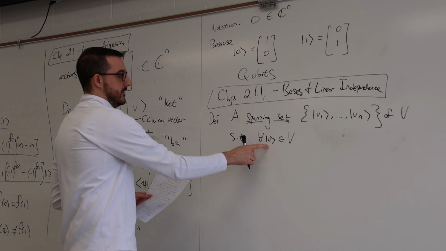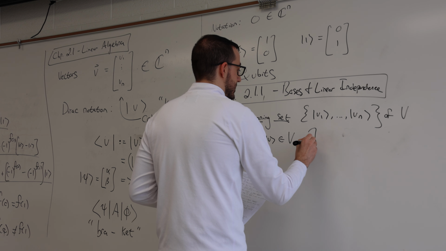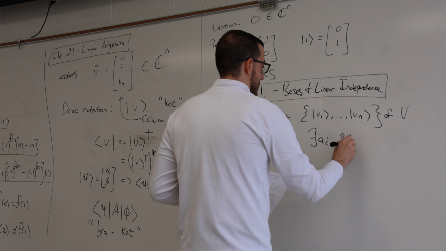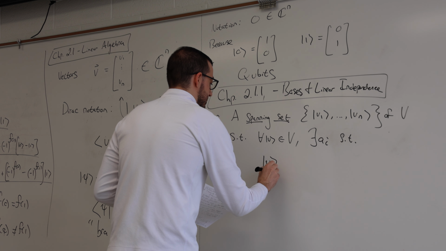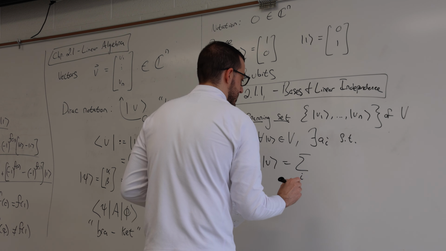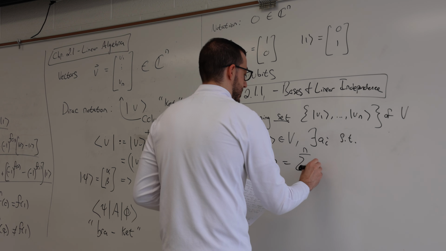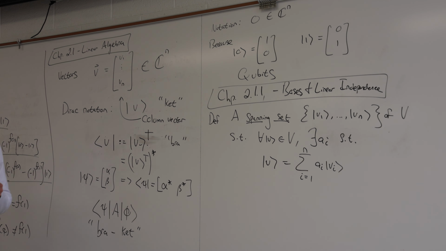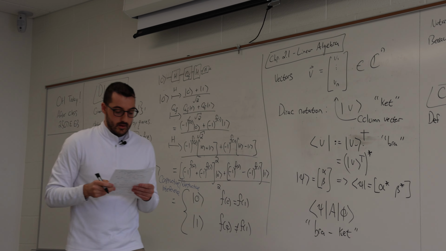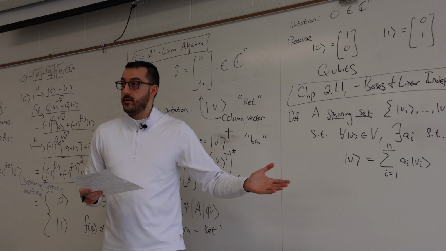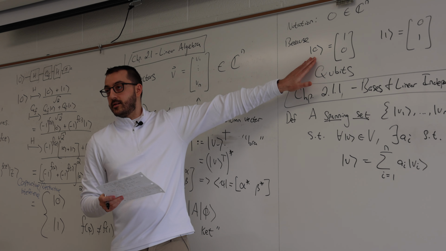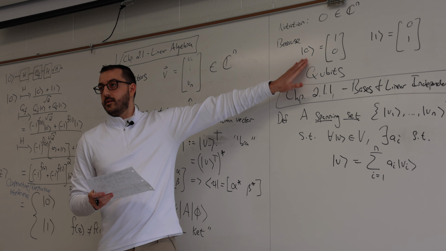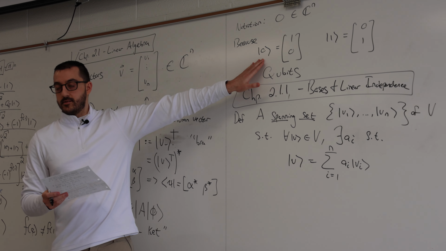So for any vector v in this space, there exist coefficients, I'll use a_i here, such that v can be written as a linear combination, the sum over i going from 1 to n of a_i v_i. As an example, these two vectors are a spanning set for C^2, the space of two-element complex vectors.